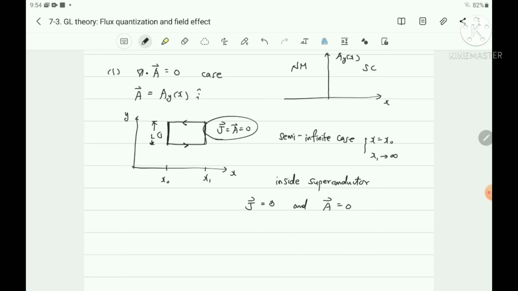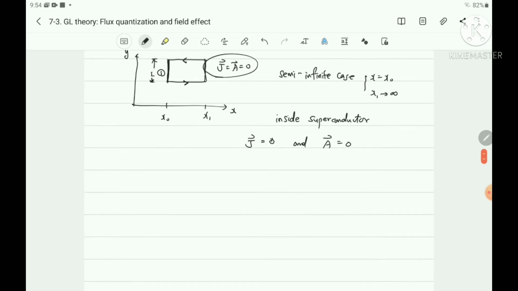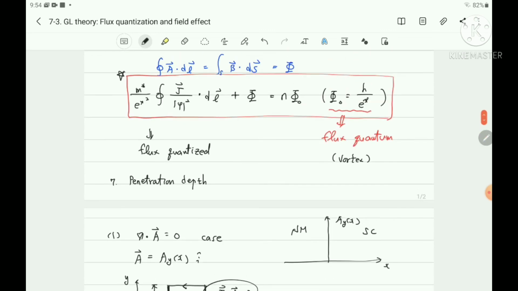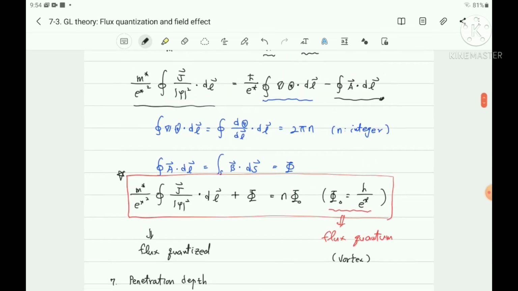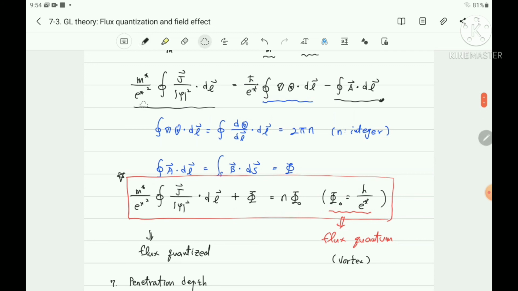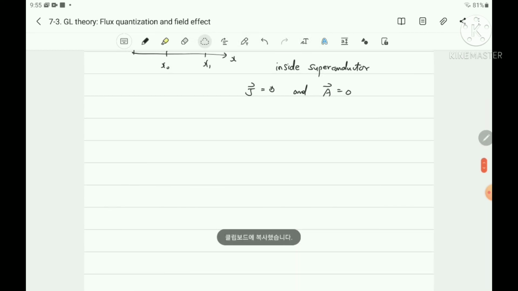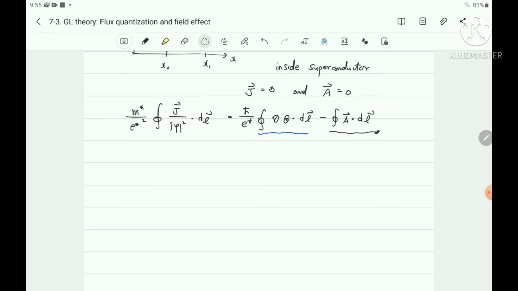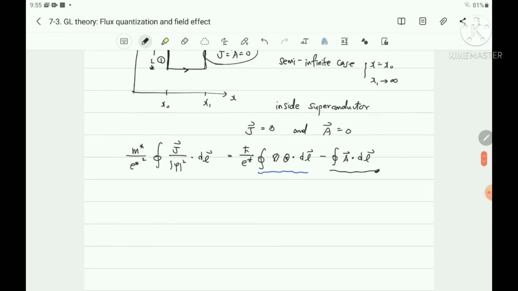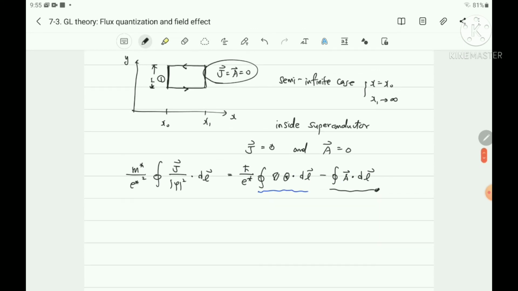Therefore, the first line should be considered. Let's think about this equation and also calculate using this line 1.